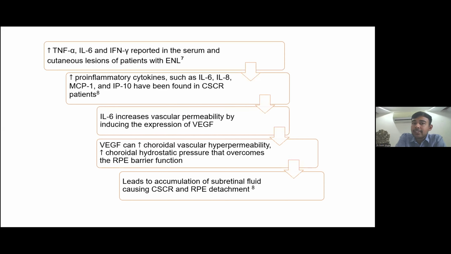Interleukin 6 increases vascular permeability by inducing increased expression of vascular endothelial growth factor. Vascular endothelial growth factor can increase choroidal vascular hyperpermeability and choroidal hydrostatic pressure that overcomes the retinal pigment epithelium barrier function, ultimately leading to accumulation of subretinal fluid.